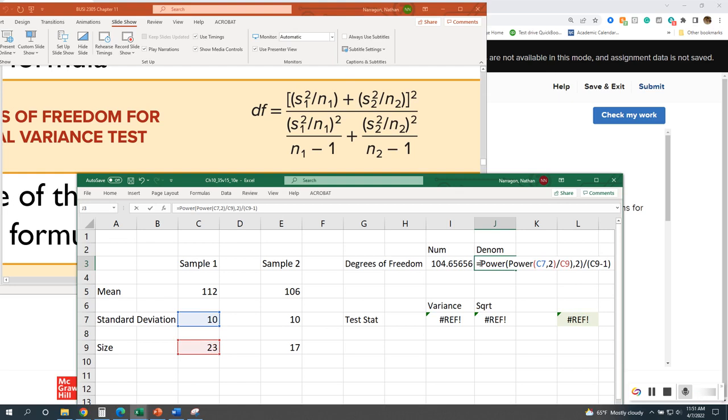Okay. And we'll copy right here, plus paste. Same formula. Now we're just going to put our other ones in to replace.